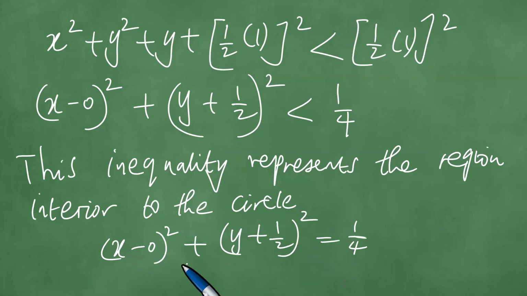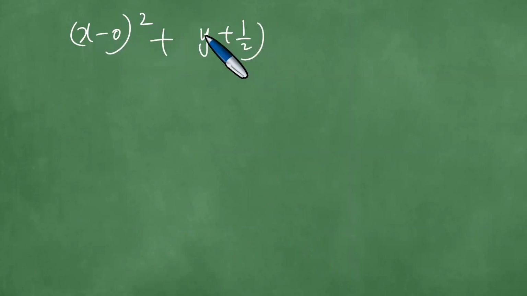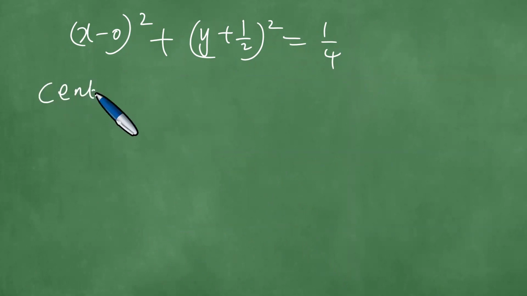This circle has the center. If we write x minus 0 squared plus y plus 1/2 squared equals 1/4, the center is always the negative of the number that has the plus.